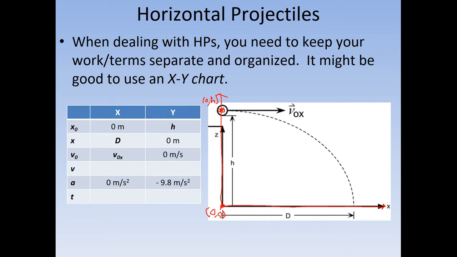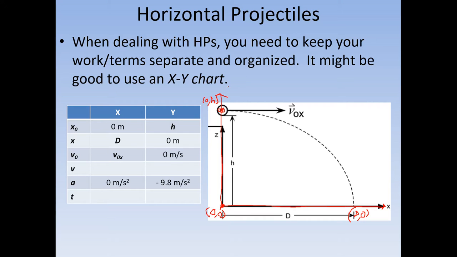It's not vertical anymore, so it's going to be 0 in the y direction, but it's moved some distance d in the x. So my final position here will be d in the x, 0 in the y. Again, it's an easy notation. You could put the starting position as the origin, but you would just have to make sure that the final position in y is a negative h.